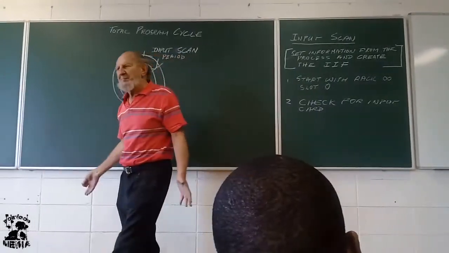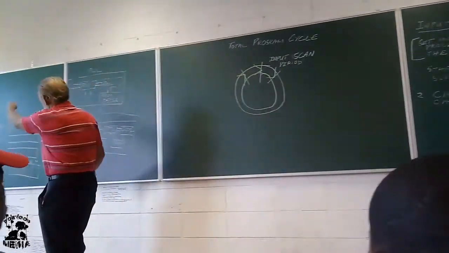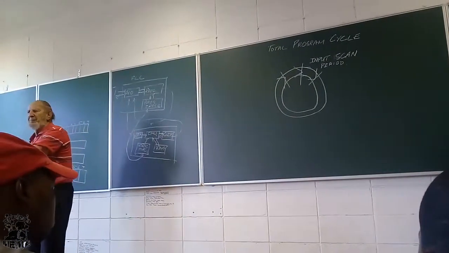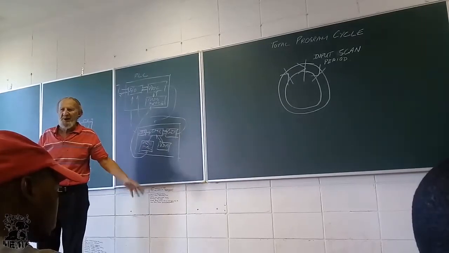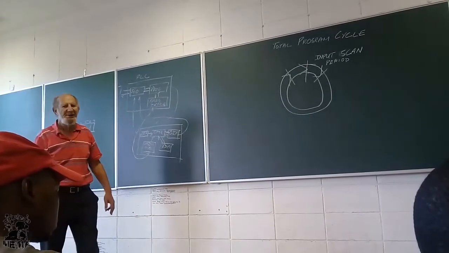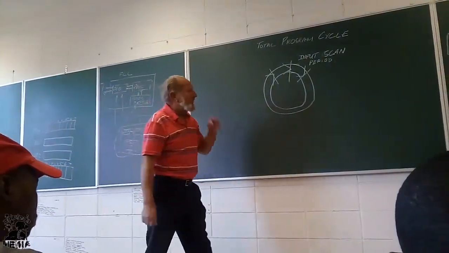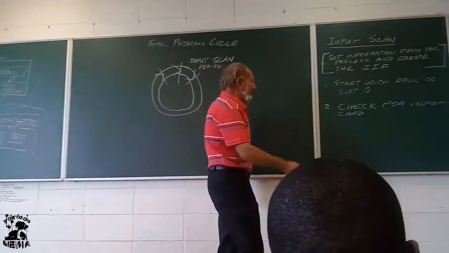Now there can be an input card, there can be an output card, there can be no card. Those are the 3 possibilities that can exist there. It checks for the input card.